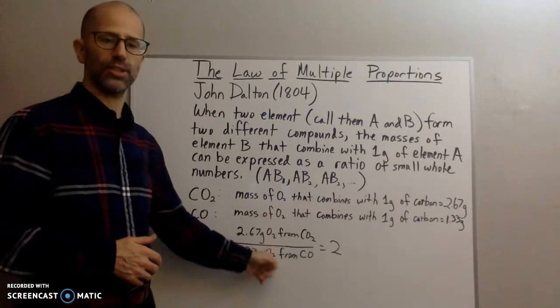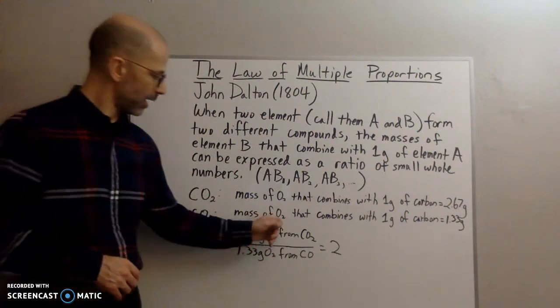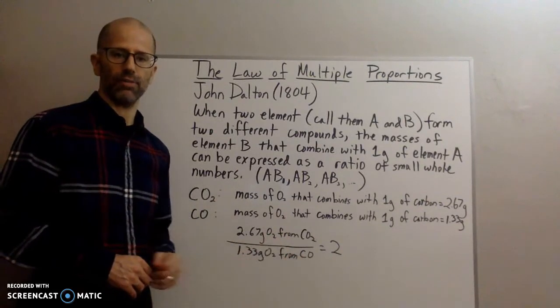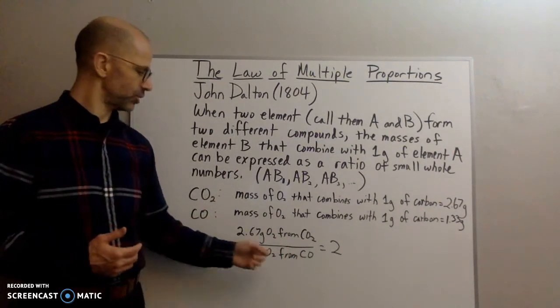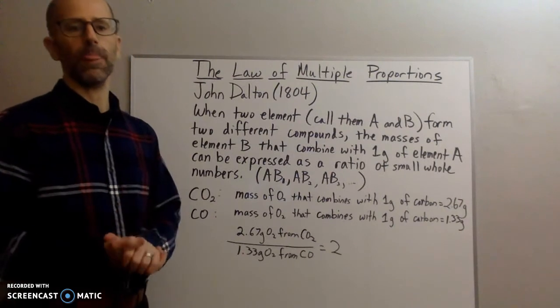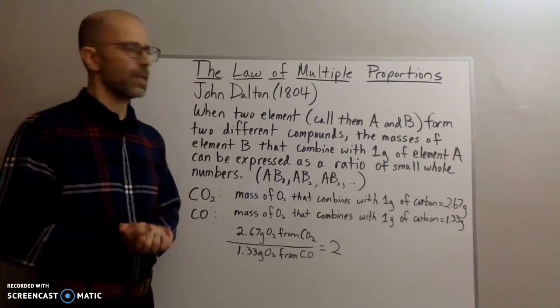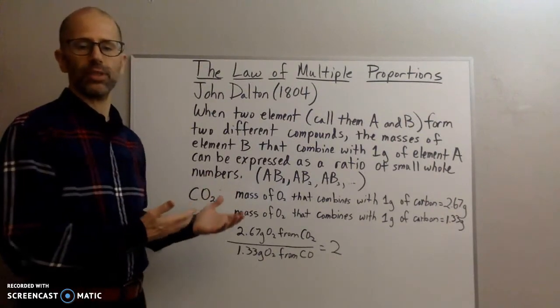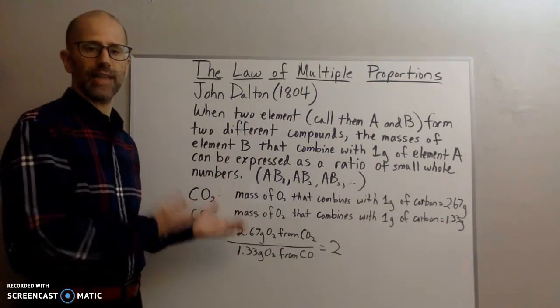That would lead to a whole number proportion between the amount of that one element, oxygen in this case. So I hope that is helpful. These three laws are consistent with the atomic theory.